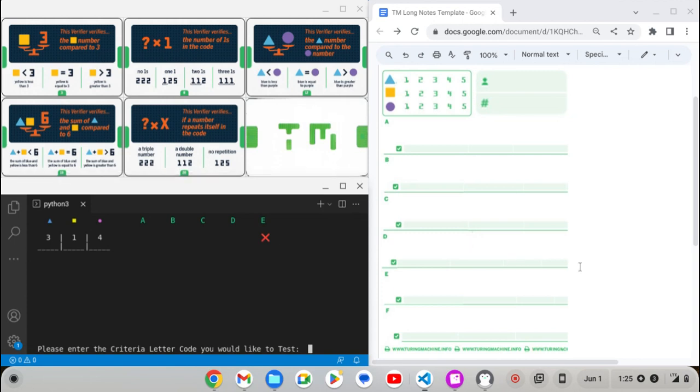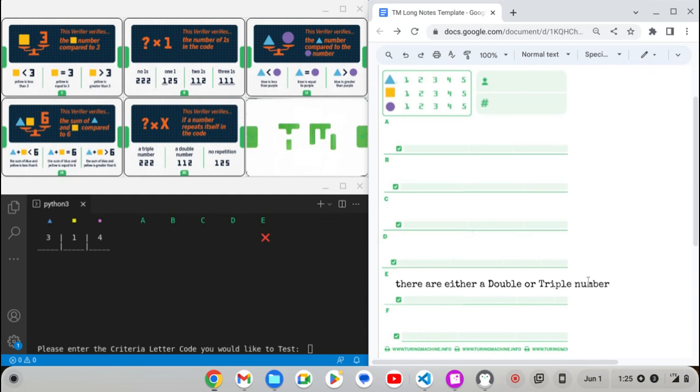So that's what I'm going to write down for my notes in the section for criteria card E. So there is either a double or triple number.